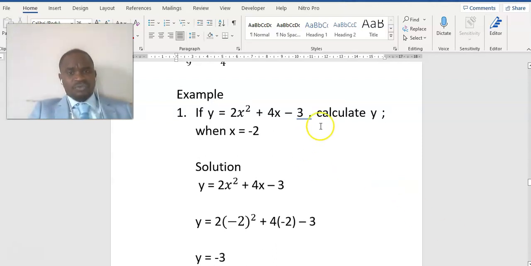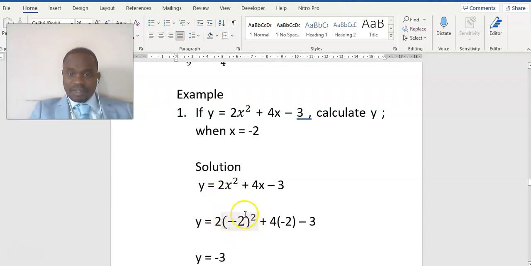If x is equal to minus 2, it means when you see x, you put minus 2 there. 2x is the same as 2 times x, is the same as 2 bracket x. Remember, bracket is what? Times.